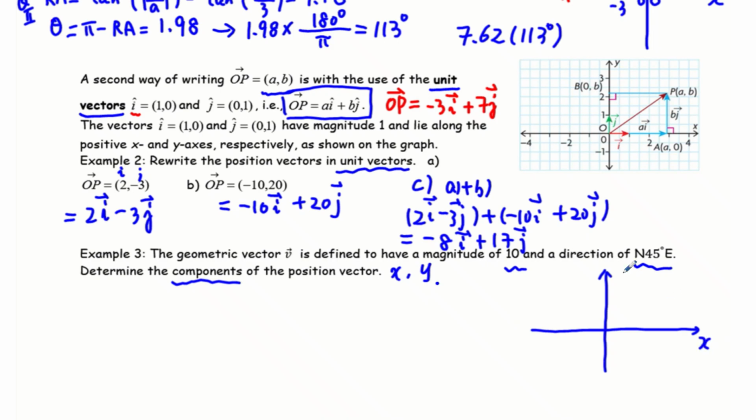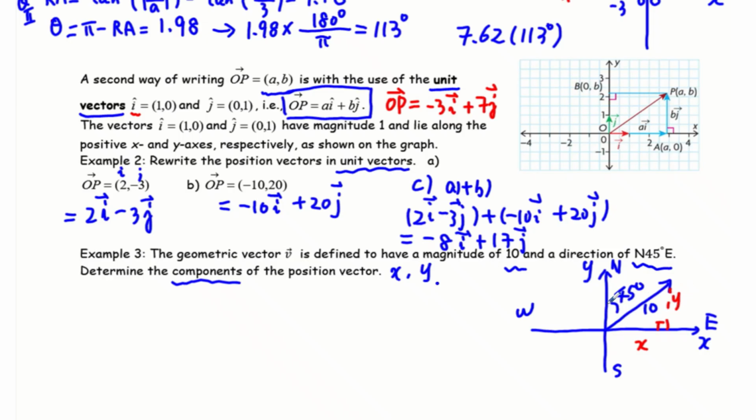So this is x, this is y, north 45 degrees, this is north, this is south, east, west. So north 45 degrees is here, and this is 10. So this is our vector, and we want to find out the x component and y component.